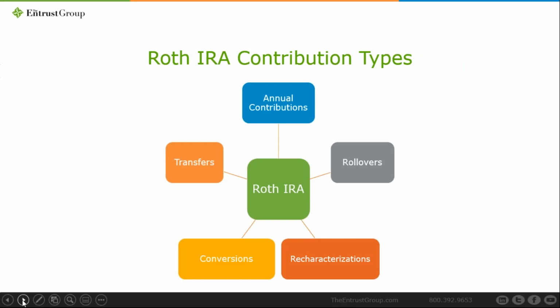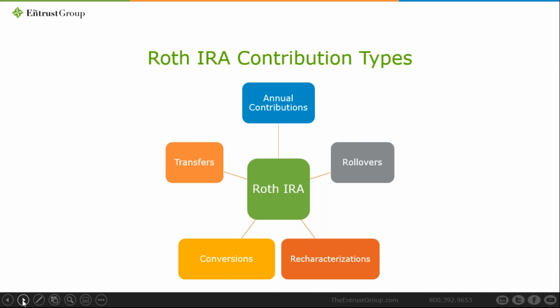All right, let's take a look at a Roth. In a Roth IRA, there are also several contributions that can be made: annual contributions, transfers, rollovers, conversions. There's no such thing as a conversion in a traditional IRA because conversions only go one way, from a traditional to a Roth. You go from a taxable account into a tax-free account.